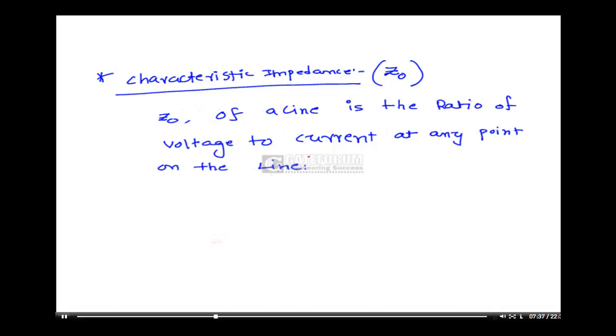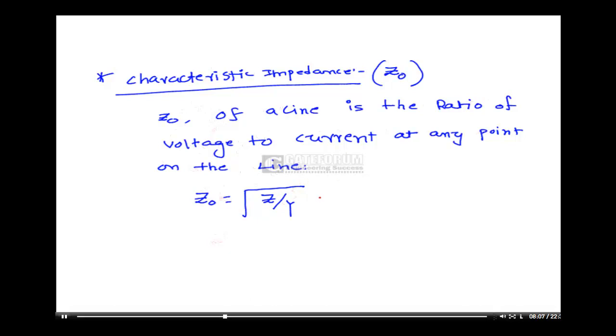Actually, there are plenty of definitions for this characteristic impedance. One of the important ones is that the characteristic impedance Z0 of a line is the ratio of voltage to current at any point on the line. This Z0, characteristic impedance in terms of primary constants, is given by square root of Z by Y, where Z is the series impedance and Y is the shunt admittance.